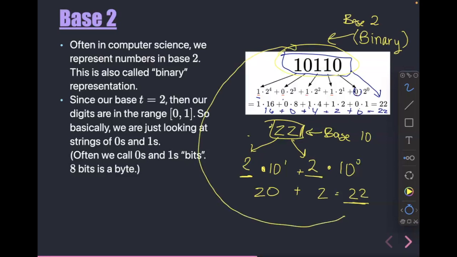This base 10 representation and this base 2 representation are the same number. It's just 2 different ways of representing the same number based on what base they are in. I want to make those 2 differences really clear, because in your lesson on Gradescope, you'll be practicing more with translating between binary and base 10.